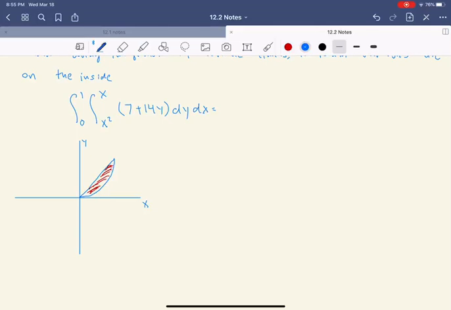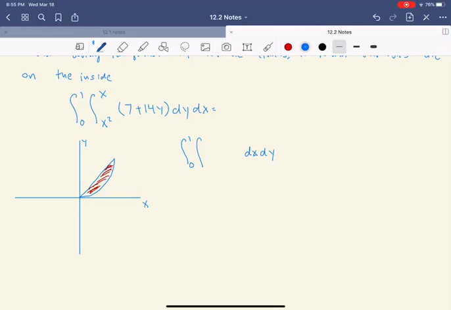We could do this integral as the integral from 0 to y. Sorry. Exact opposite. 0 to 1. Let's change that to a real 1. And then from... Now, when we do this, we're changing this to dx dy.